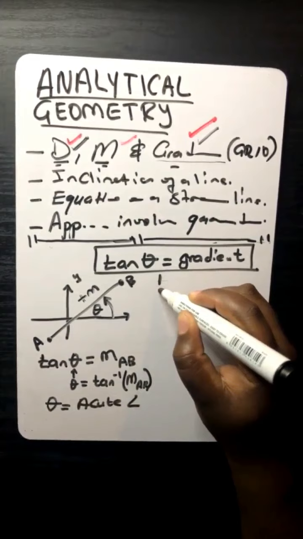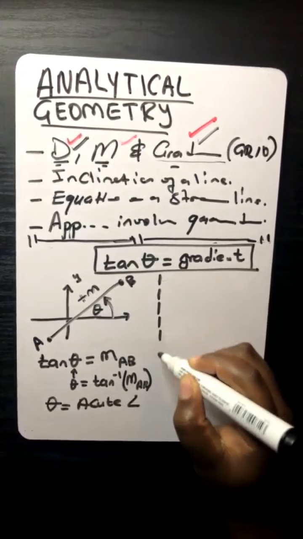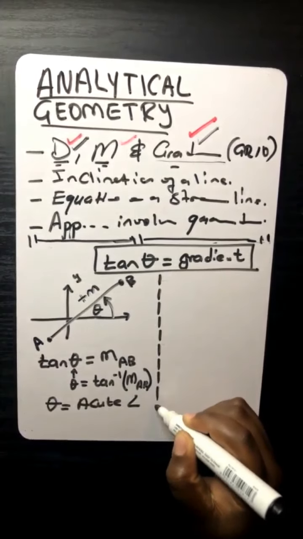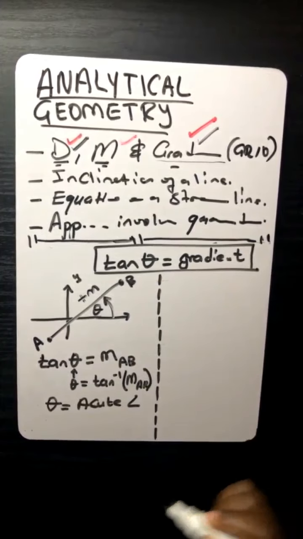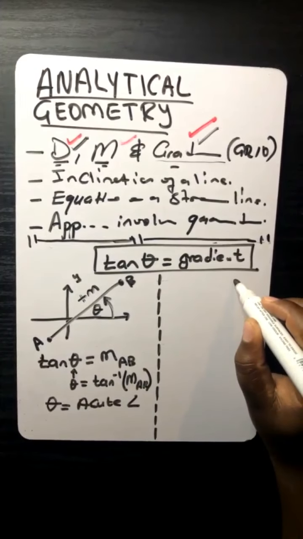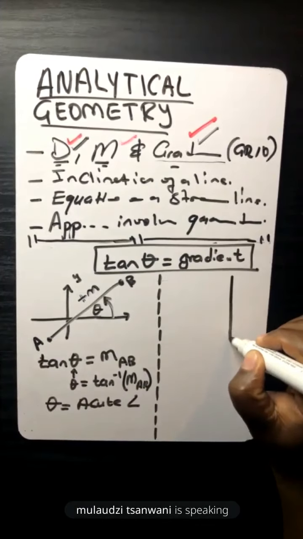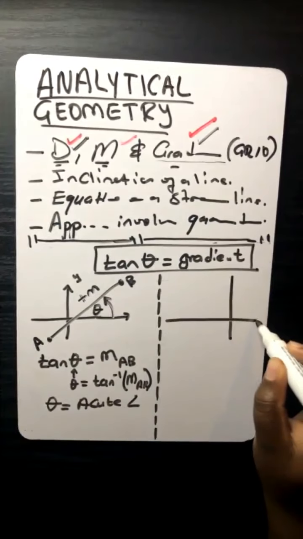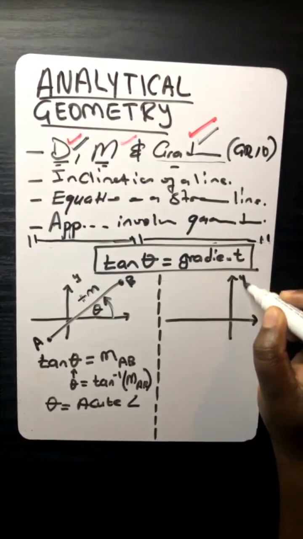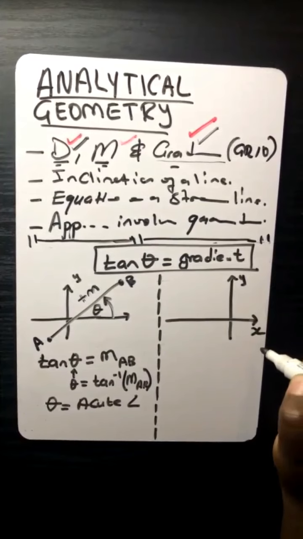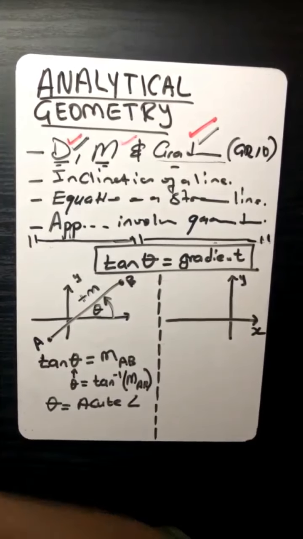What do you know about an acute angle? It's less than 90. 100%. It's an angle which is less than 90 degrees.